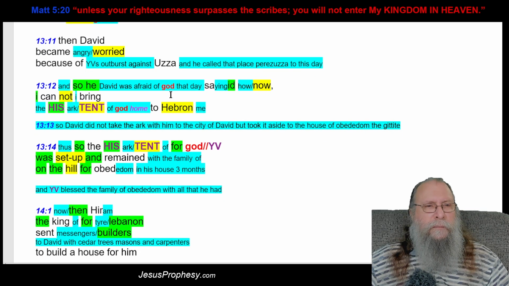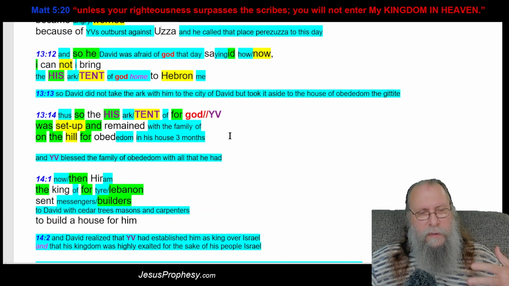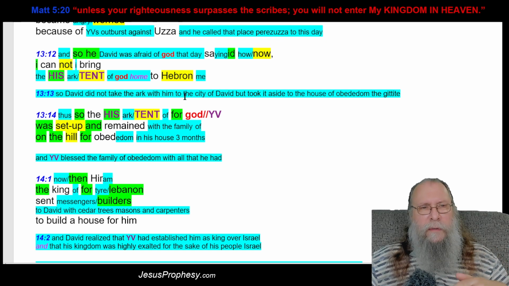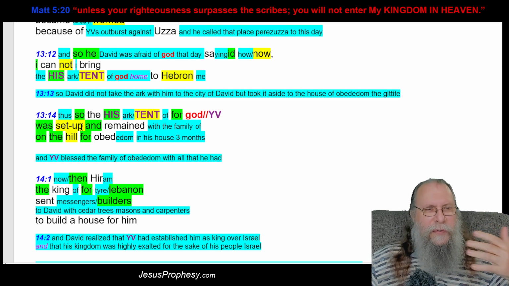Next, I don't think there's too much difficulty here in understanding what I'm doing. I needed the words set up, remained on the hill, because when you're reading the text and putting it together, it doesn't say this, so I have to use the words set up. I tried to find it here.